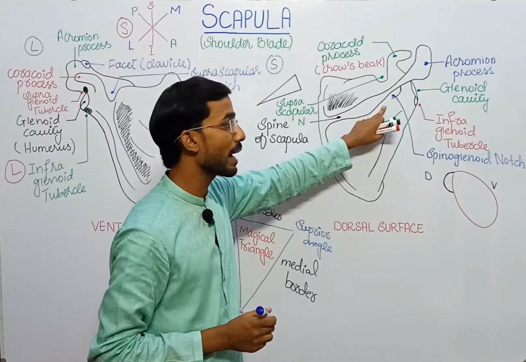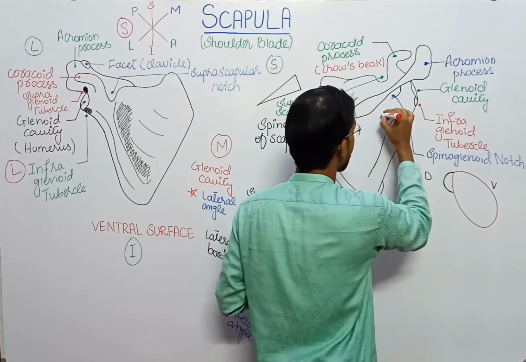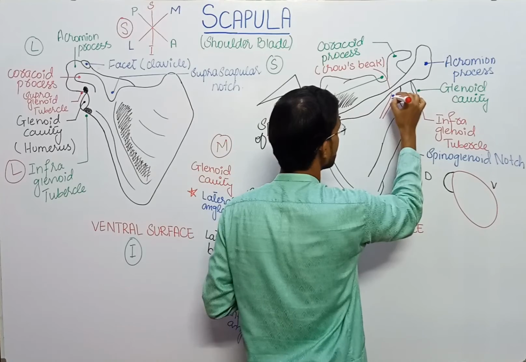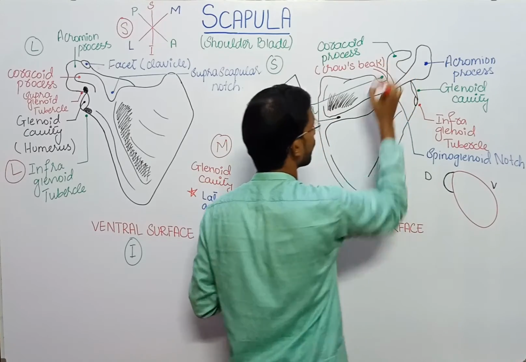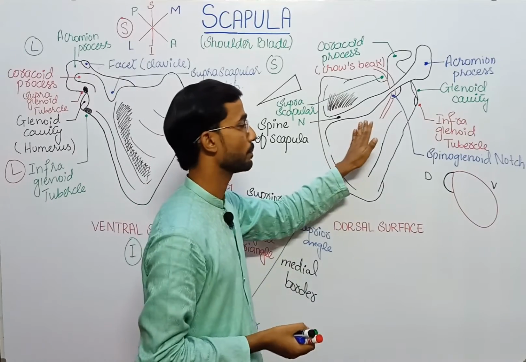In the glenoid notch, several veins and nerves pass through. So this is the pathway.